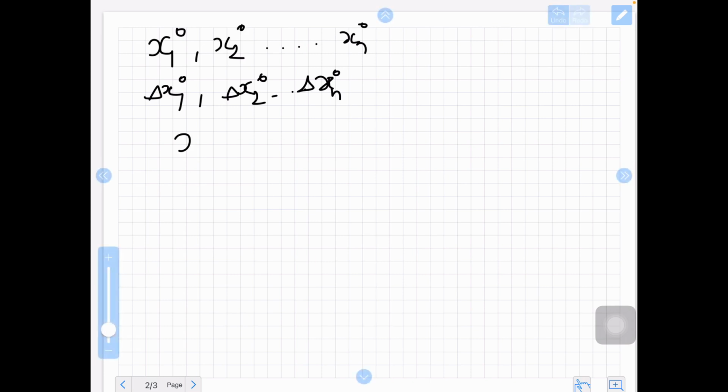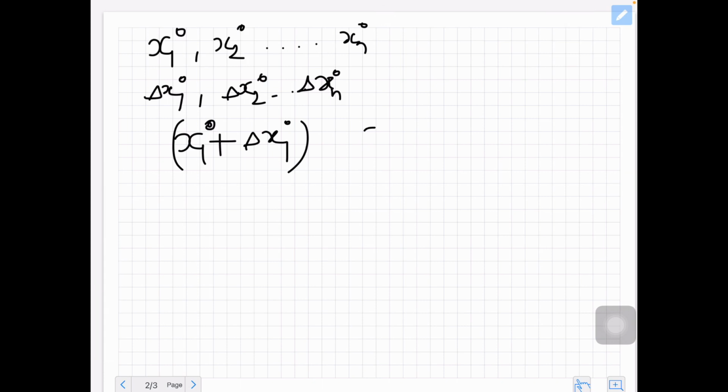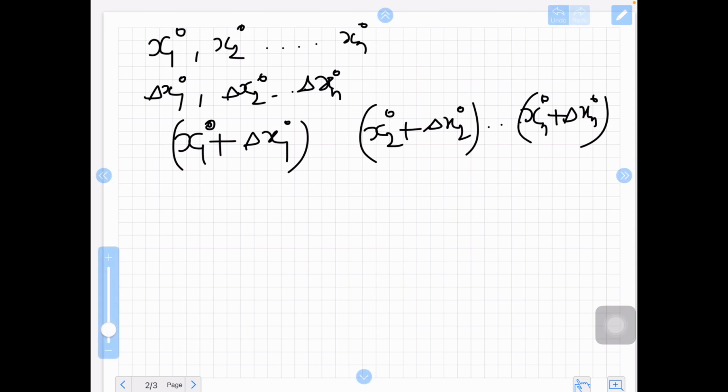For example, x1 naught is the initial solution for x1, and the correction required for this is delta x1 naught. Similarly for x2, the initial solution is x2 naught and the correction is delta x2 naught, and we can consider this up to xn naught plus delta xn naught. So these are the corrections required for the initial solution.